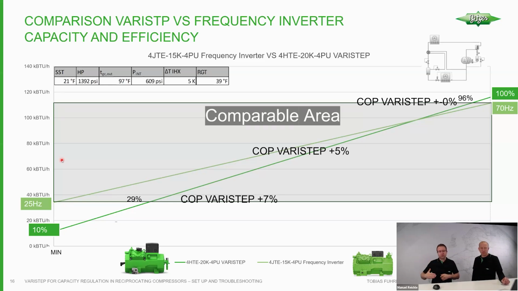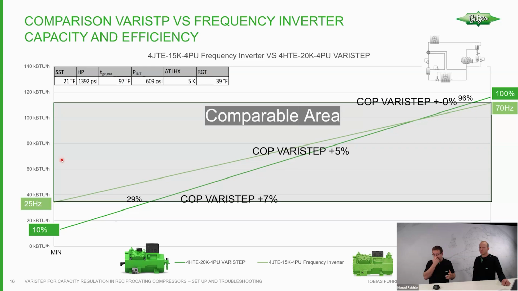And the higher we go, so at around 50% for the VARISTEP compressor, which is then around 40 to 45 Hertz, we still have, let's say, 5% efficiency increase versus the variable speed compressor. And if the CO2 compressor is running at 70 Hertz, the variable speed, we have a flat situation.